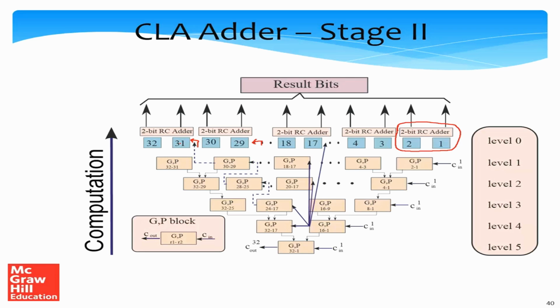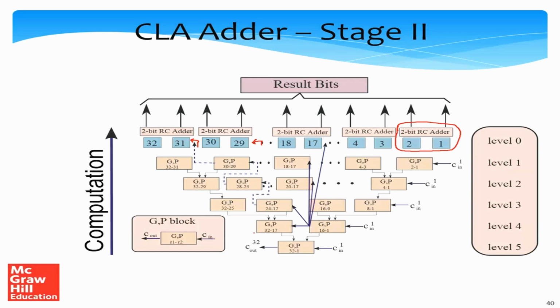So the idea is to quickly compute all the carries such that we can use the ripple carry adders here to do the addition and then compute the result bits. If you're adding two 32-bit numbers, there can be 33-bit results. We're not showing the additional bit just to keep the diagram simple, but that needs to be kept in mind.